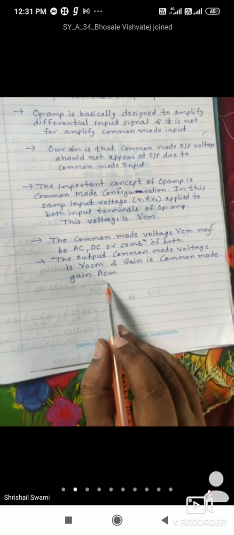And the common mode gain is denoted as ACM. It should be practically very small, nearly 0 ideally, but practically very small. So this is the concept behind understanding the common mode rejection ratio.